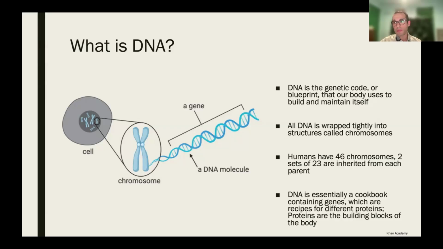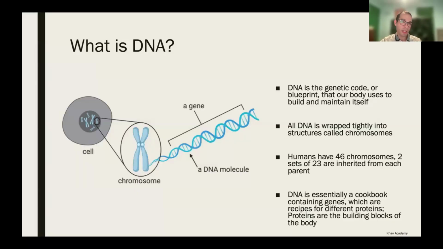Oftentimes I'll equate cells copying themselves and mutations to an architect following a blueprint, and that architect might have to copy that blueprint when they start a new product, if they need to give it to another person on their team so they can also follow this design plan and specifics for constructing a building or a new wing of a hospital, whatever it is.